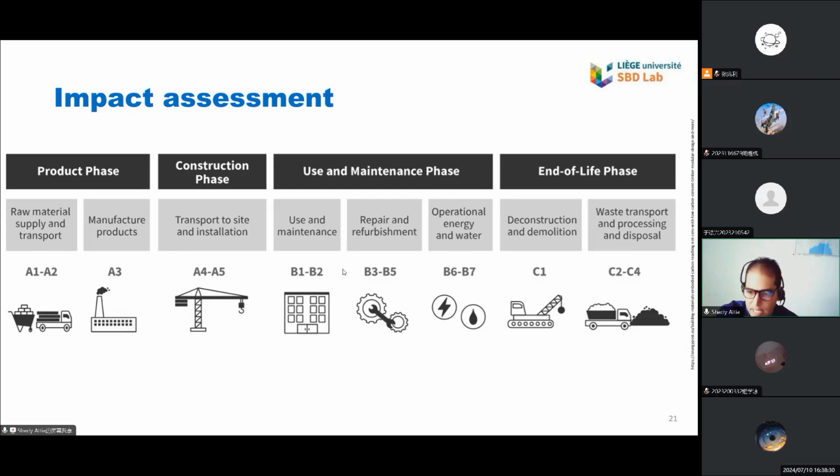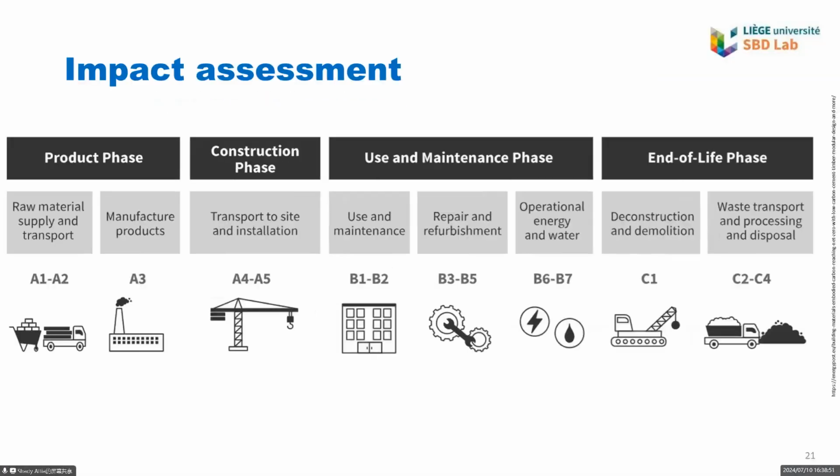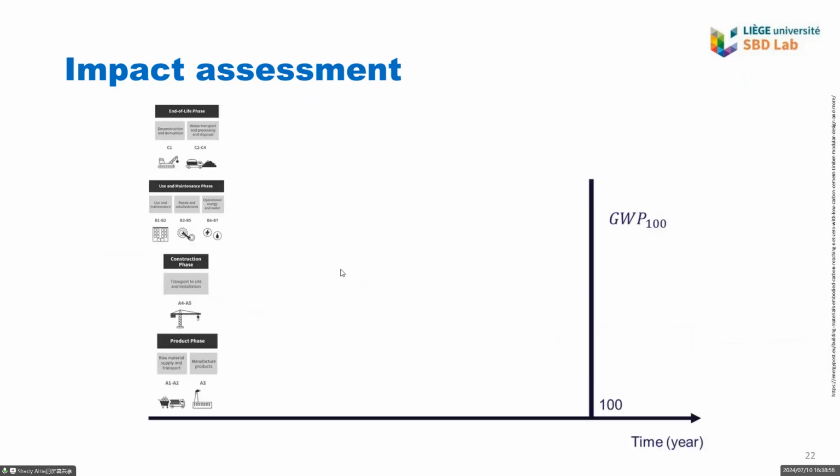Most of the time, when we do building performance simulation, we focus only on phase B6, because in the past we were only focusing on B6. But today, we cannot anymore only talk about energy. We must also talk about material. So you can see the word material here. It means that I need to calculate the emissions from stage A1 to A3 and from A1 to A4. So this is very important to take into account.